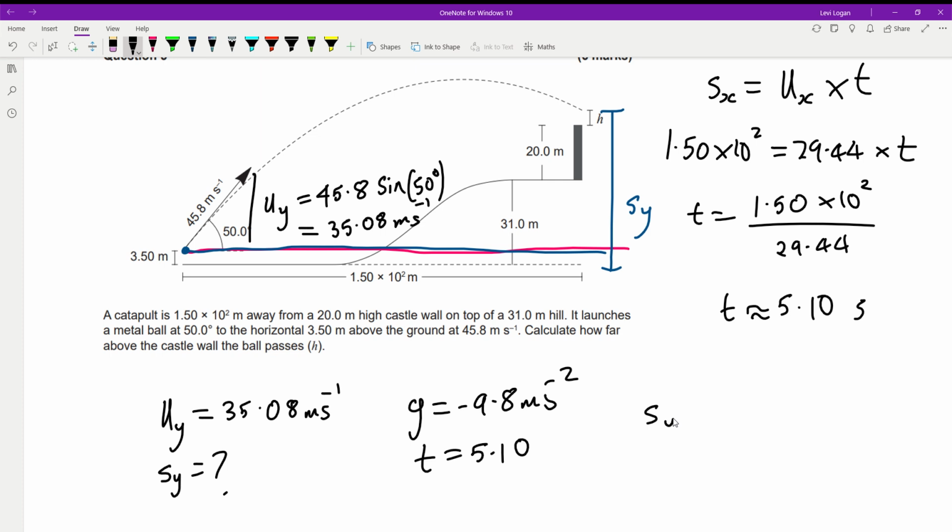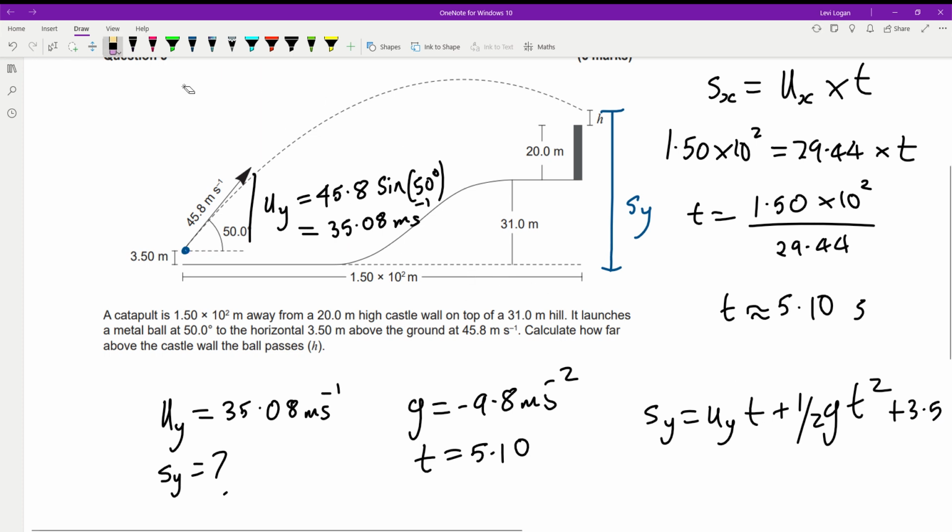So we can use this formula here to work out that vertical displacement. But of course, if we actually want the actual s of y, we need to add that 3.5 onto the end. Because notice here, if we were just to calculate that, it would only give us this green distance here. If you want the actual blue distance here, you need to add that 3.5 because remember it's above the ground, okay? So here what we do now is we just substitute.